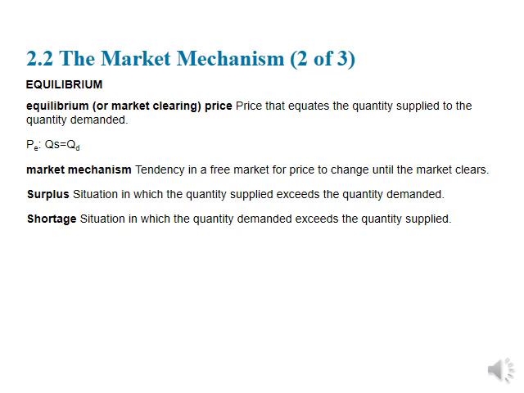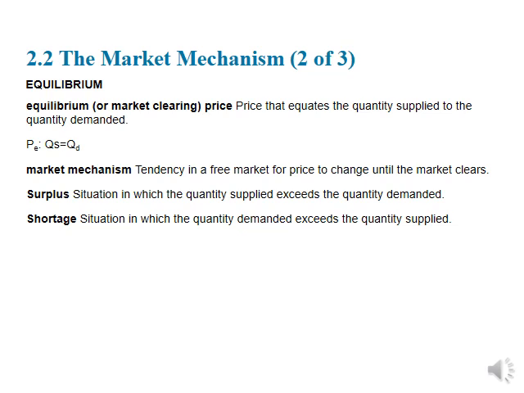So just to reiterate in text, the equilibrium, the balance condition in our market mechanism, is the price where the market clears, the price that equates quantity supplied to quantity demanded. The equilibrium price is the price where quantity supplied equals quantity demanded.